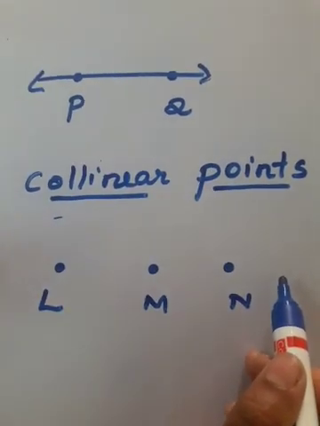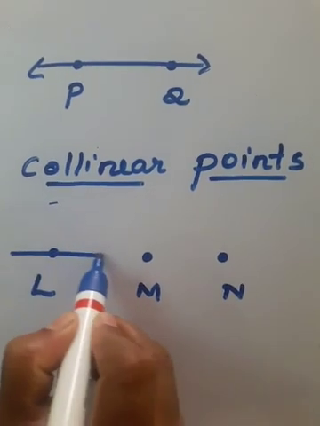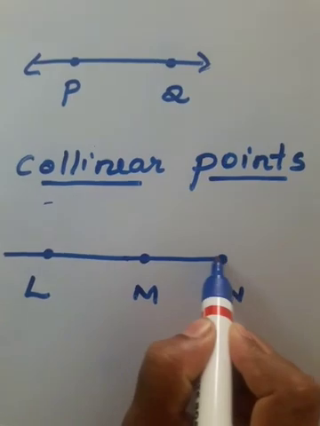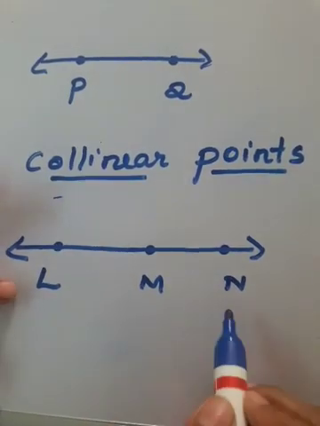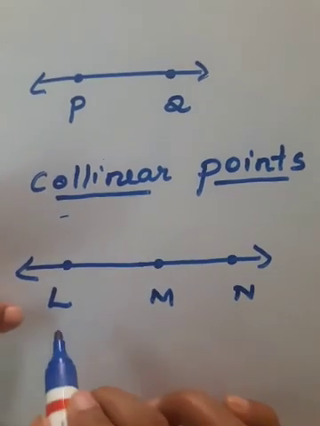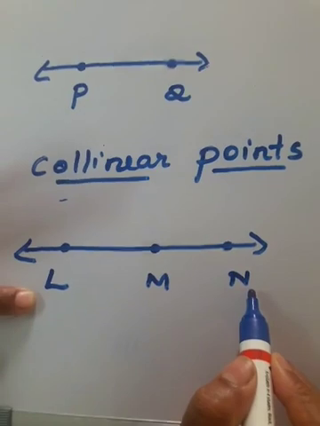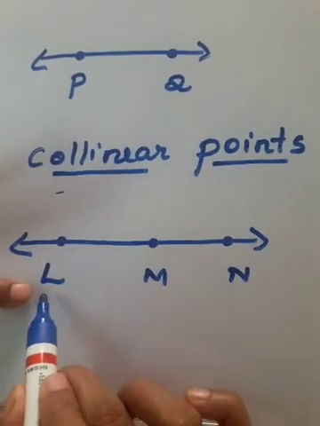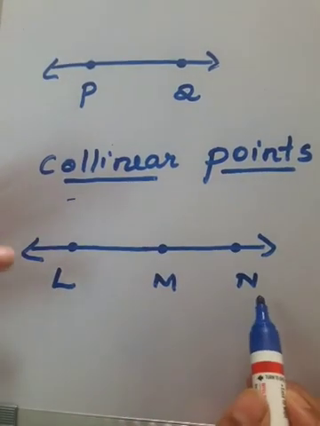Can we draw a single line that passes through all the 3 given points? Yes. So we can draw a single line that passes through all the given points. So then these points are said to be collinear points. So which are they? Point L, point M and point N are said to be collinear points.